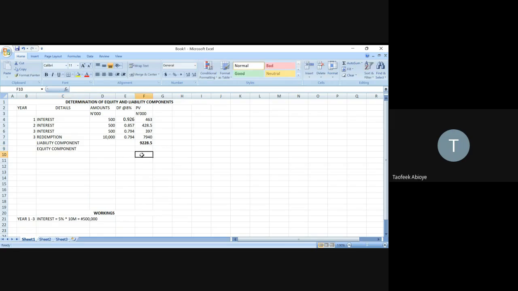this is what we are now going to say. How much is the total value of, is it bond or loan notes? Loan notes. Okay, total value of loan notes.